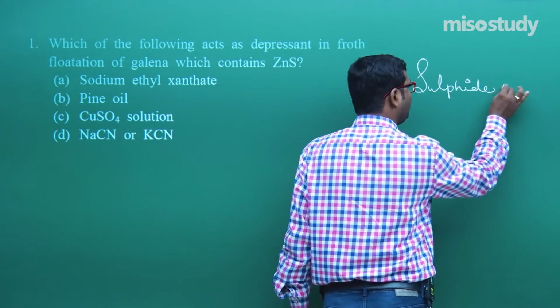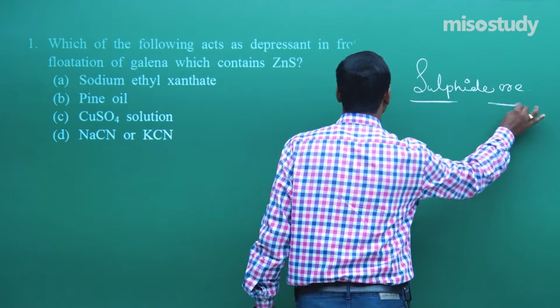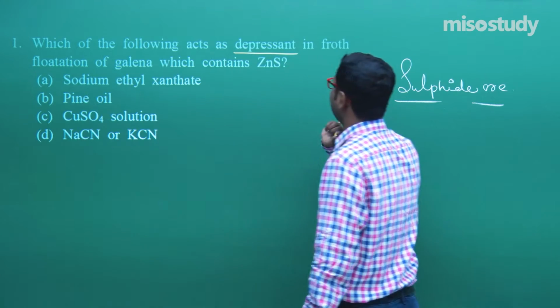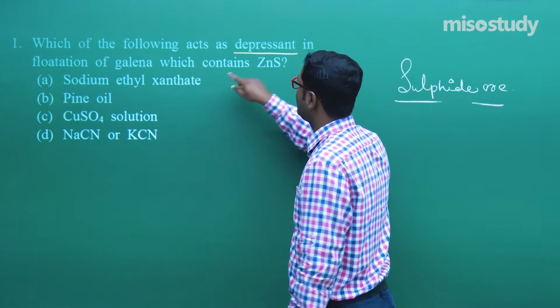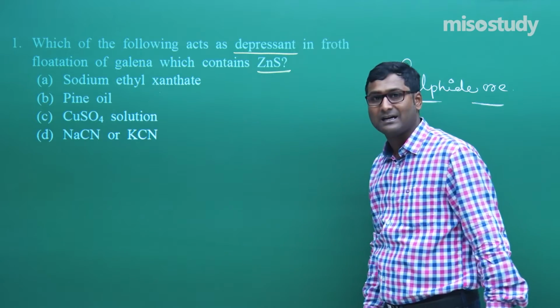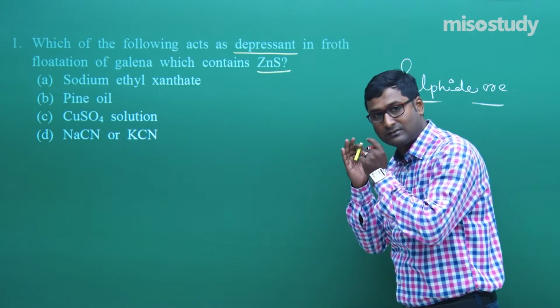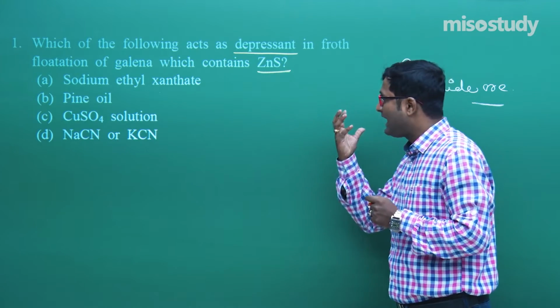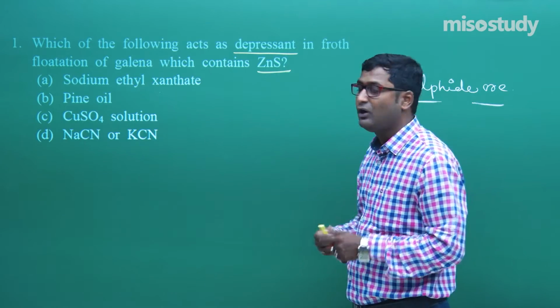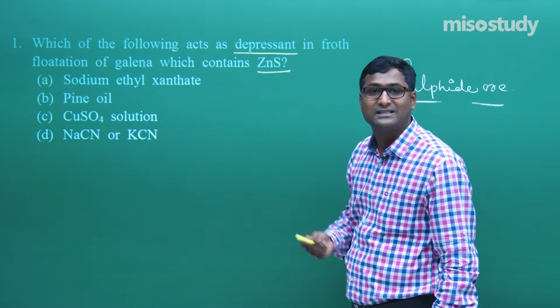Now what will happen? Which of the following is a depressant in the froth flotation of galena, which contains ZnS? Such a compound will act as a depressant which forms a complex with ZnS.